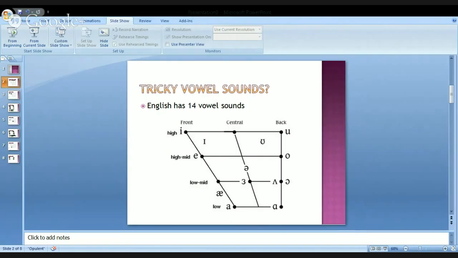The vertical represents how high your tongue is in your mouth when you say these sounds. For example, if you say ah, your tongue is lower in your mouth, but if you say e, your tongue is high in your mouth.